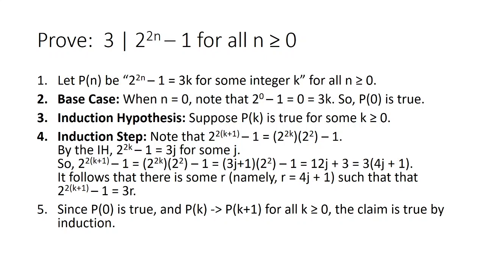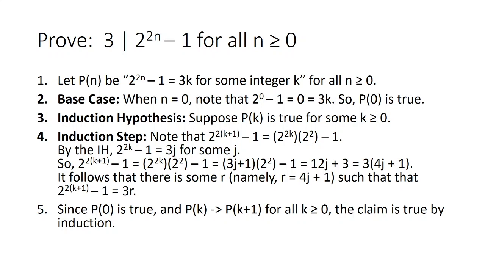Base case, when n is equal to 0, the left hand side will be 0, and the right hand side 3k. 3k will be 0 when k is 0. So P of 0 is true. We know that the base case is true. So let's try to generalize this induction.